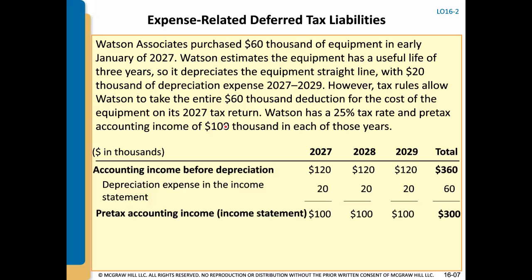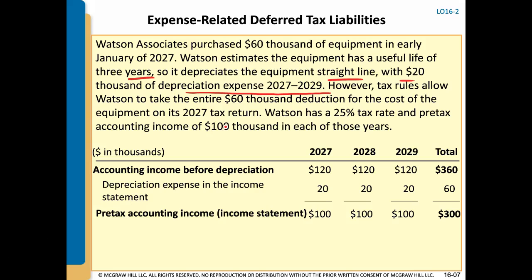Let's go through an example. Watson Associates purchased $60,000 of equipment in early January of 2027. Watson estimates the equipment has a useful life of 3 years and depreciates straight line with $20,000 of depreciation through each of those years, 2027 through 2029.